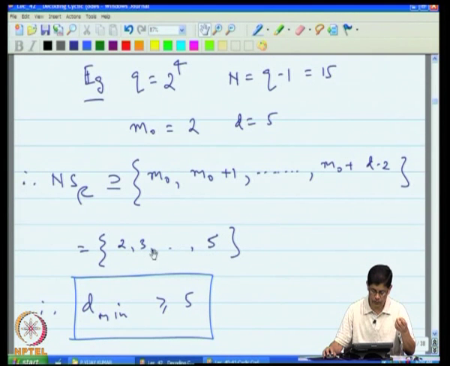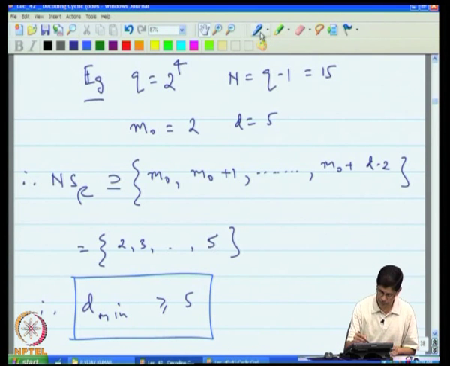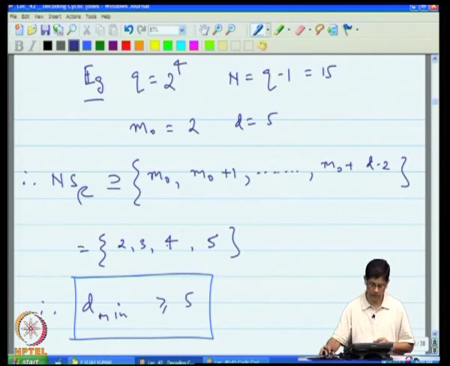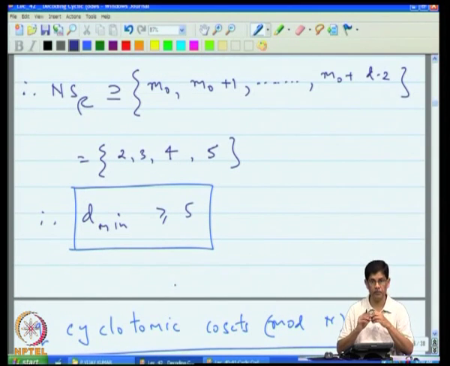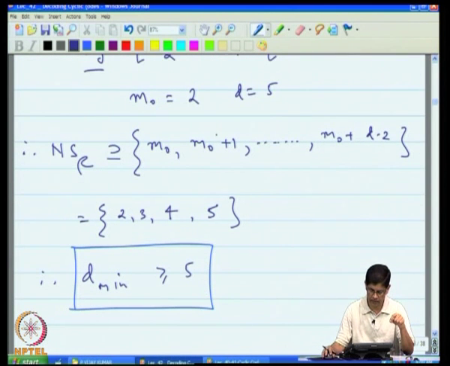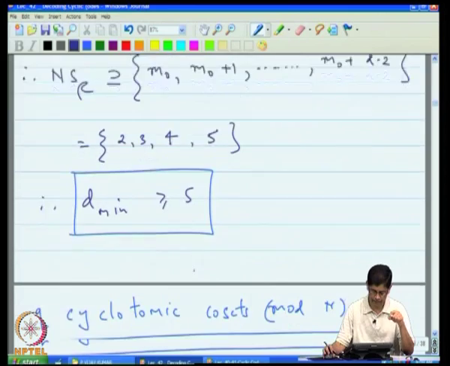So it contains 2, 3, 4, 5, which is a string of 4 consecutive zeros, and therefore the minimum distance is 1 more than the number of consecutive zeros. So it is actually 5. That also makes sense because your design distance is 5.